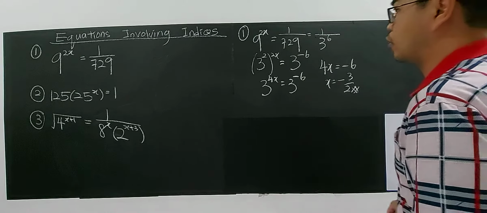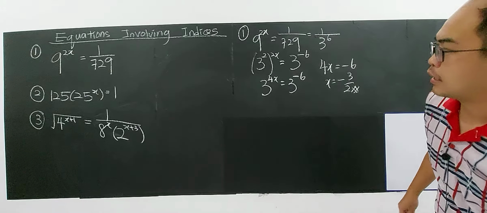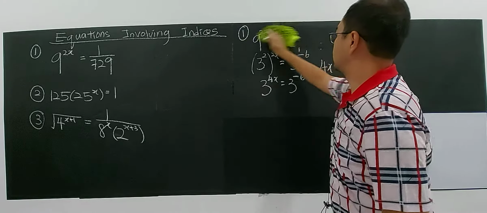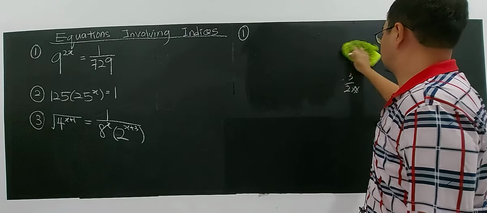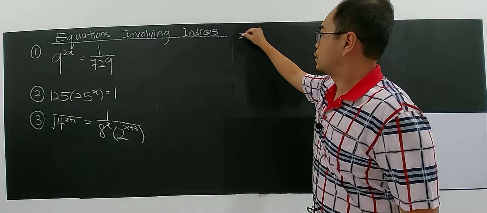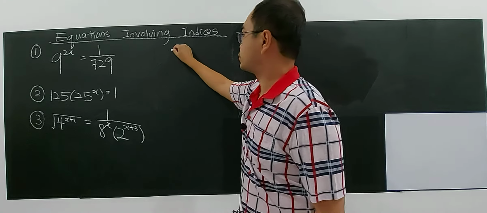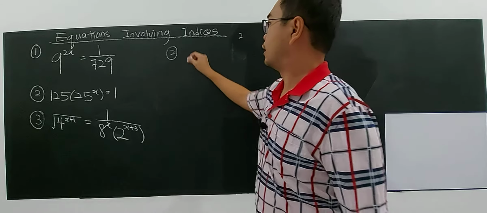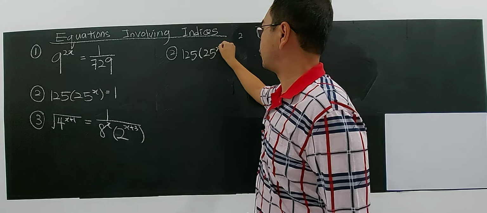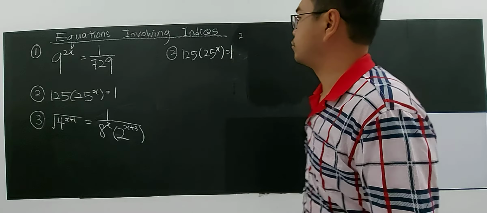Alright, this is for question 1. How about question 2? Let's move on with question 2. You have 125 times 25 to the power of x equals to 1.